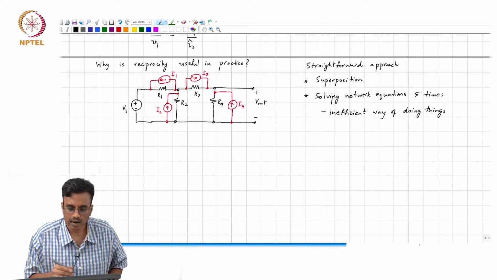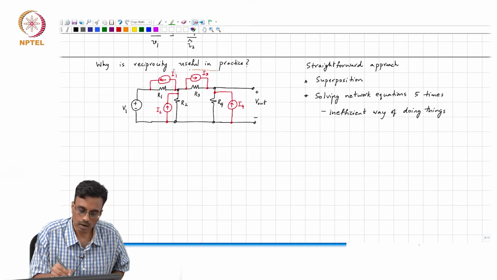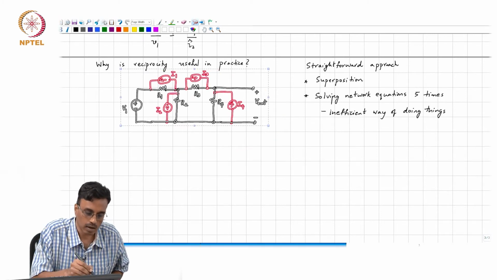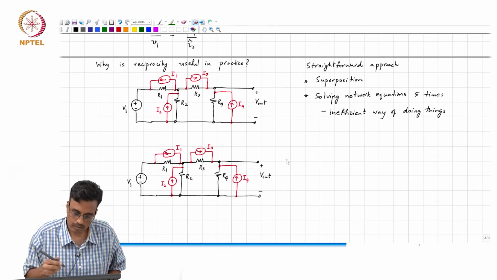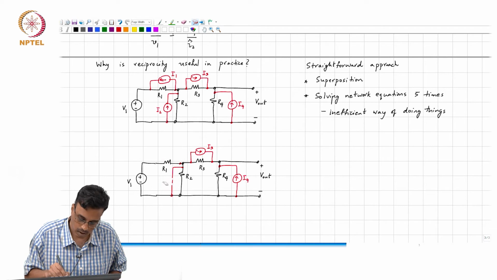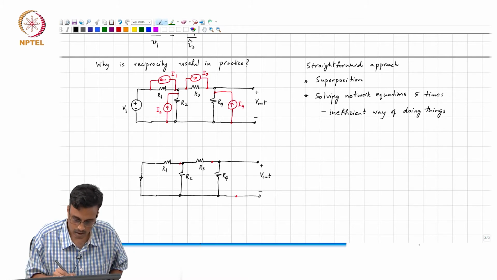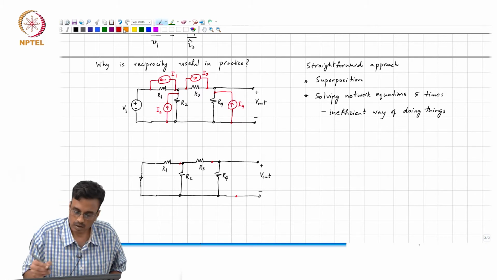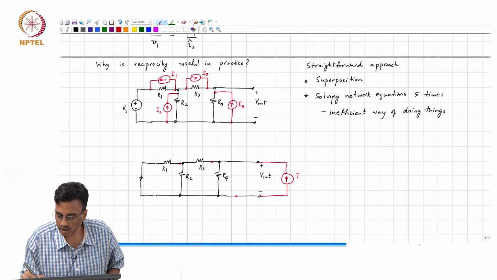Well, we know that the transfer function from V1 to V out is the same if I instead injected, let's say, a current source I here.